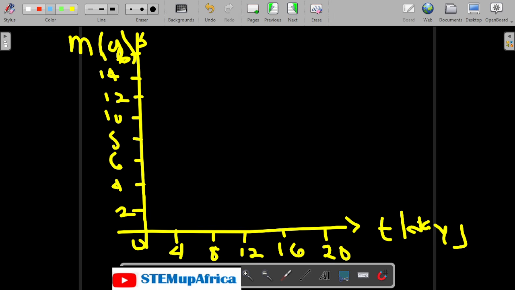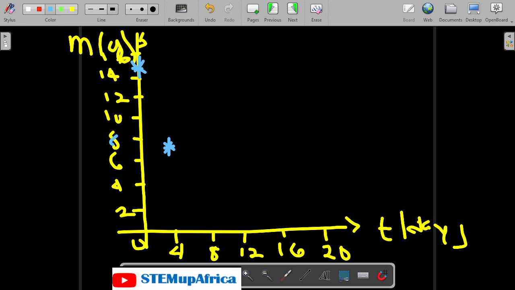So when it is 0 days, the mass is 15, between 14 and 16. We mark here. Then when it is 4 days, we are having 7.5. If you count, 7.5 is very close to 8. That should be our 7.5. So you should know how to count it. I've taught that in chemistry practicals.